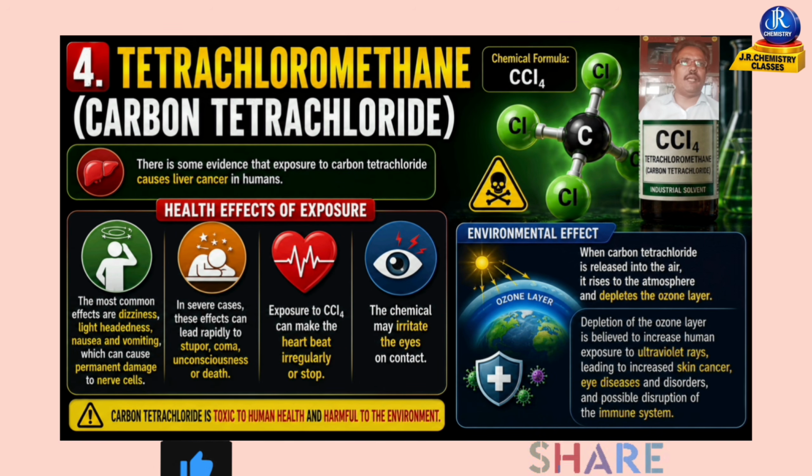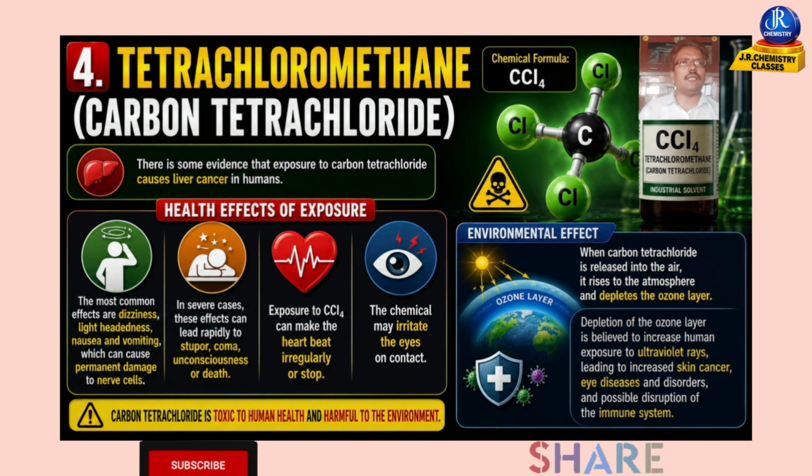There is some evidence that exposure to carbon tetrachloride causes liver cancer in humans. The most common effects are dizziness, lightheadedness, nausea, and vomiting, which can cause permanent damage to nerve cells.